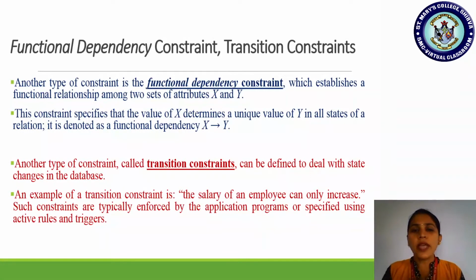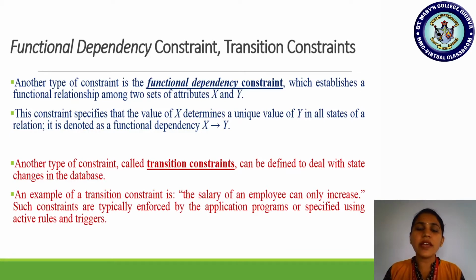Among that set of attributes, if there exist certain dependencies from one attribute to another, that is what establishes a functional relationship among the two sets of attributes x and y. This constraint specifies that the value of x is going to determine a unique value of y in all states of a relation.